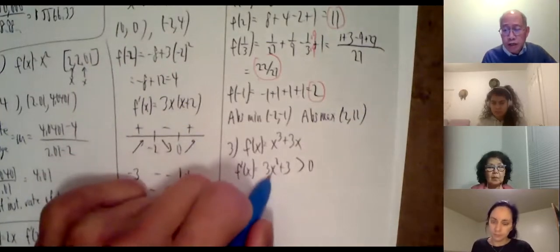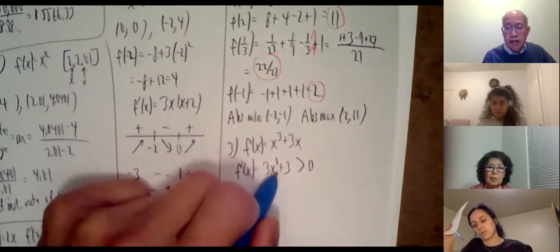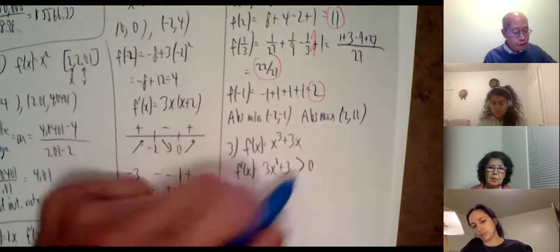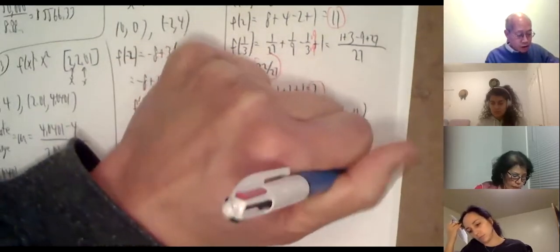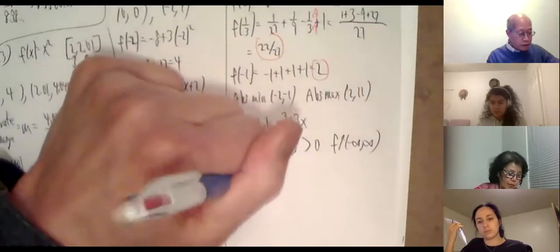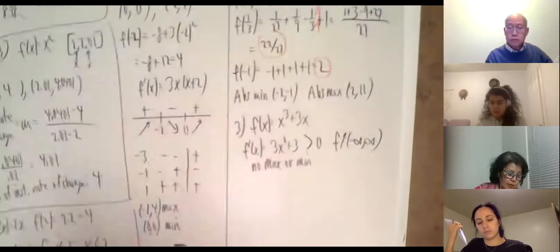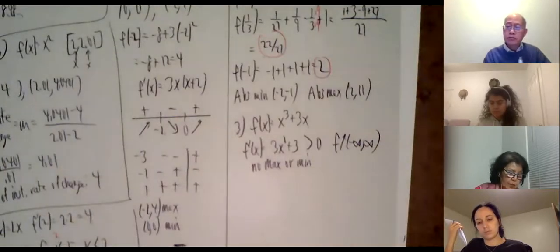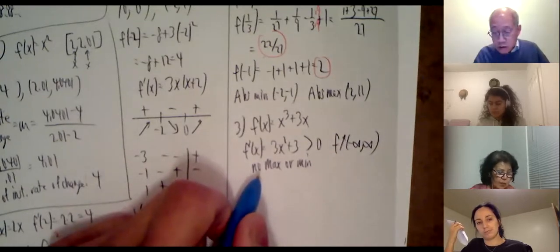When you square something, it can't be negative. Multiplied by 3, it can't be negative. Then you add 3, it's definitely positive. So f is always increasing, from negative infinity to infinity. So that means automatically there's no max or min. To have a maximum or minimum, the derivative has to be 0, but it can't happen here. So that part's already finished.